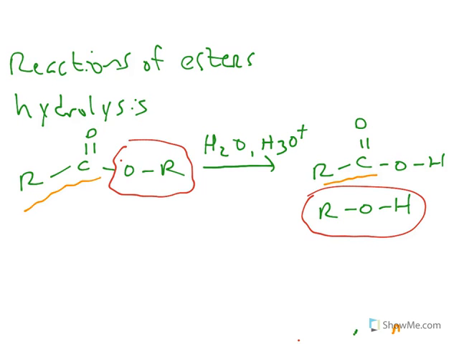And this water is what added there. So hydrolysis of an ester, by definition, hydrolysis of any carboxylic acid derivative gives you a carboxylic acid. So we're showing that here.